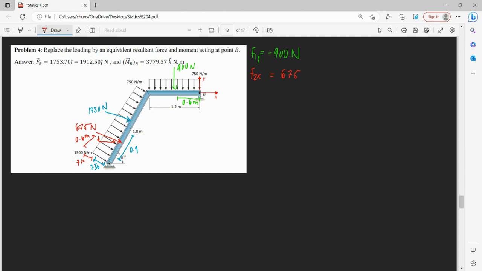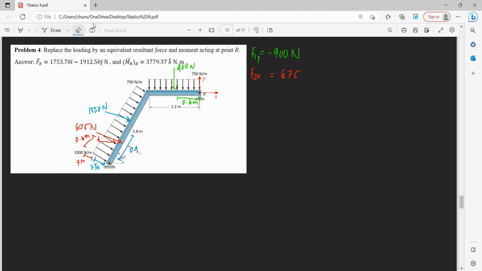And then the angle between our beam and our horizontal is 60 degrees. So this is acting at 90 degrees. So the angle between our vector and the horizontal is 30 degrees.